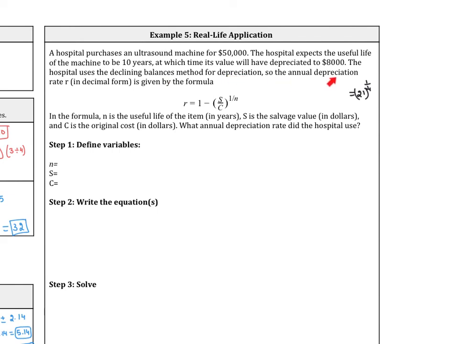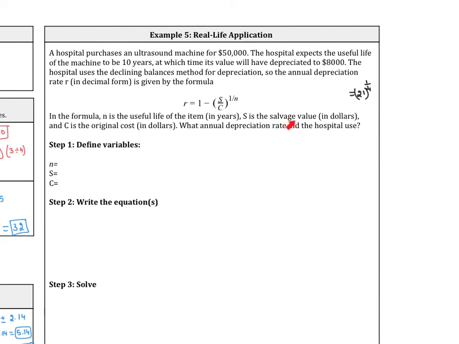So the annual depreciation rate R in decimal form is given by the formula R equals 1 minus S over C, to the power 1 over N. In the formula, N is the useful life of the item in years. So it means that it's going to be 10.